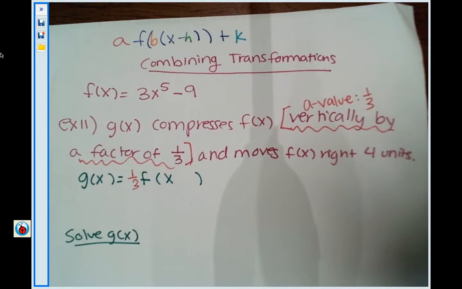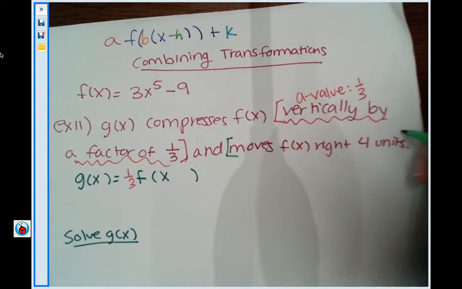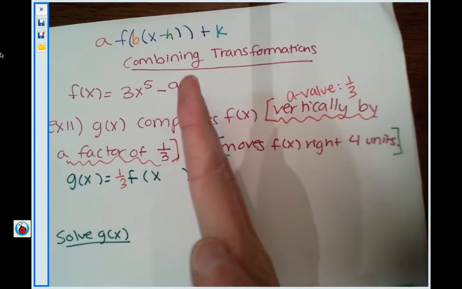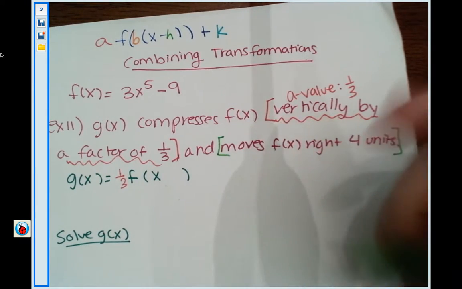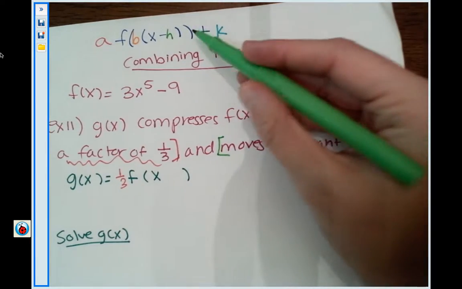Holy hot dog, right? And finally, it says it moves f of x right 4 units. So let's talk about what this moves right 4 units. If we're going left to right, remember the variable that deals with left to right is the one that pertains to the hips, which is h. So hips move left to right, so that's our h value.